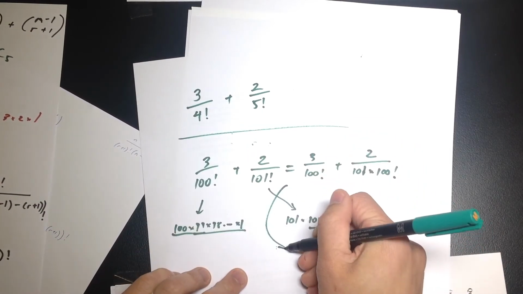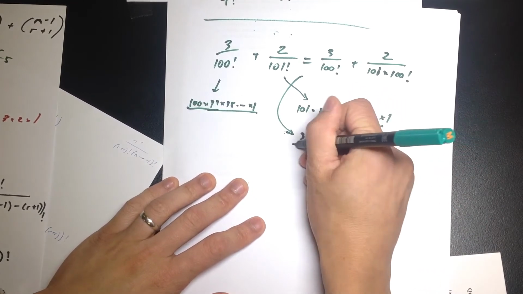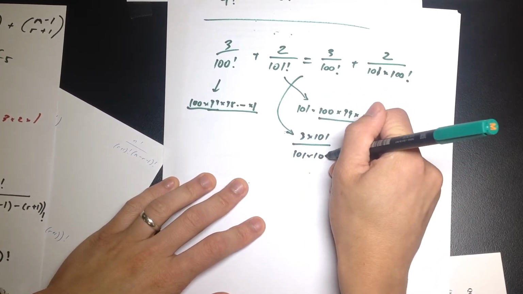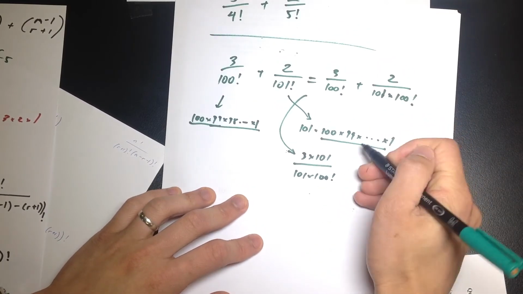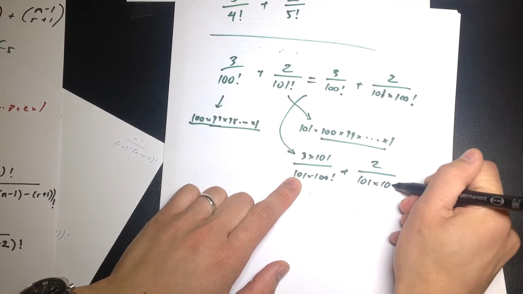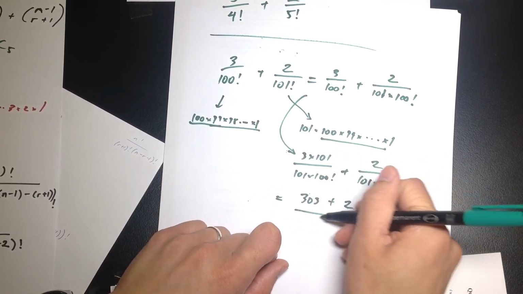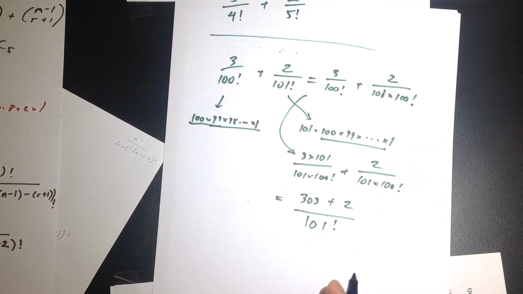So if I bring that down here, now these two have the same denominator, namely 101 factorial. So this is 303, and that's 2, and they're both on 101 factorial, and then off you go.